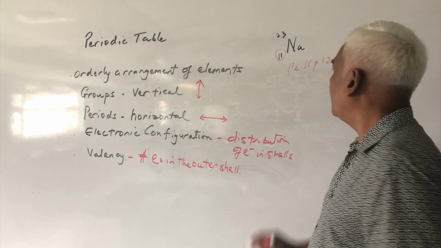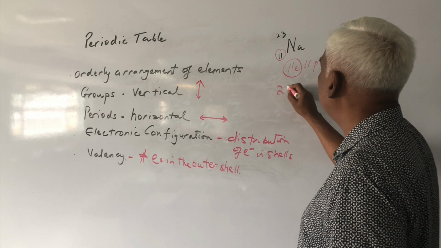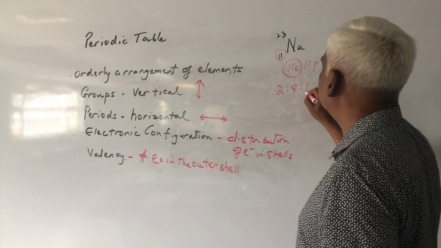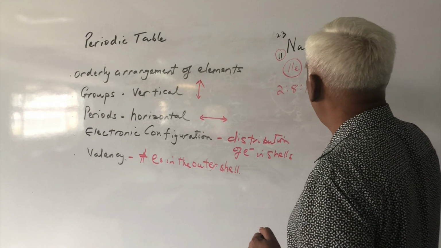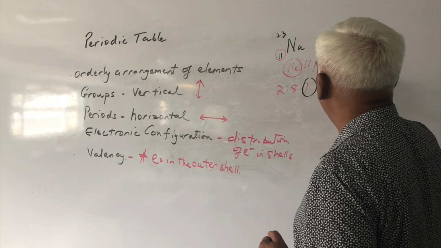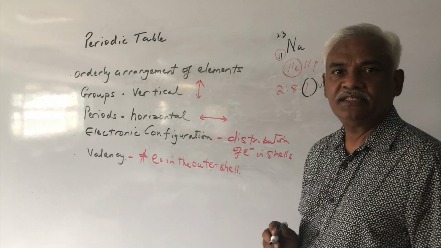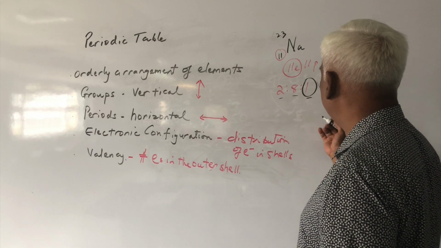That's review. Now, I have 11 electrons, which means the electrons are distributed 2, 8, and 1. I have 1 electron in the outer shell, which is referred to as the valency. 1 is the valency. I've used 3 shells.